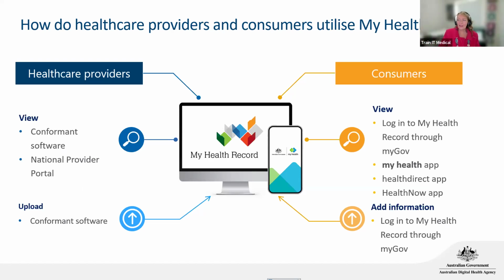If you don't have conformance software, you can still access My Health Record through what's called the National Provider Portal. So it's separate, logging on separately. You upload through your conformance software.